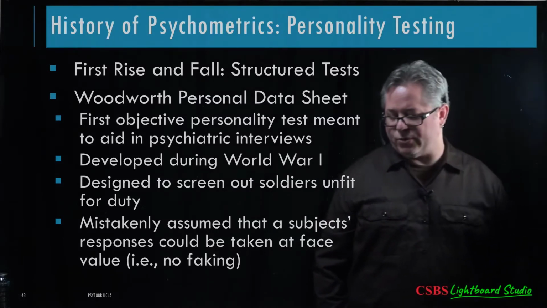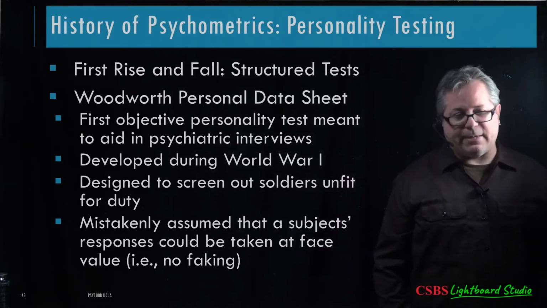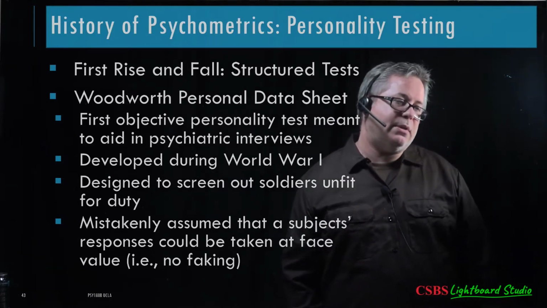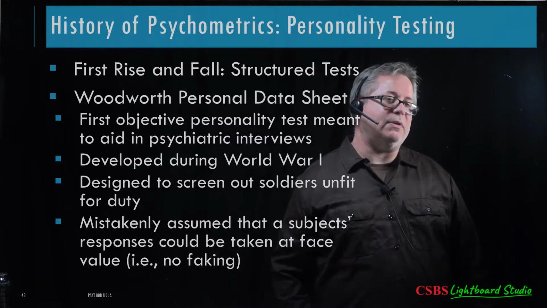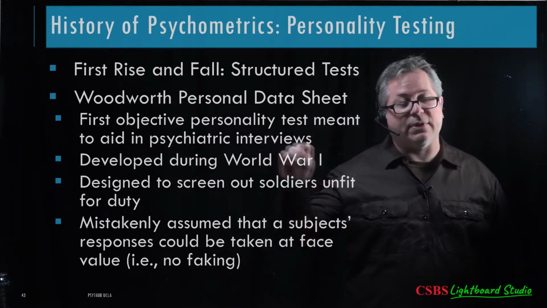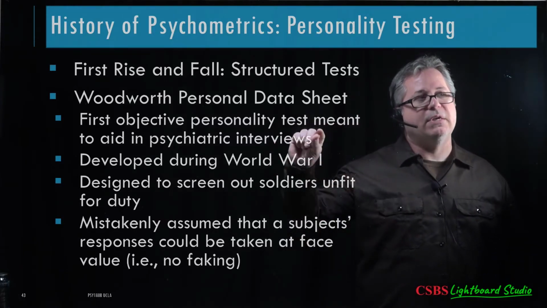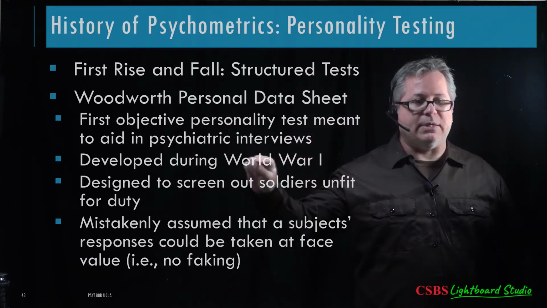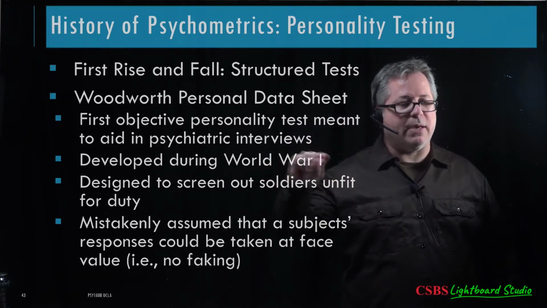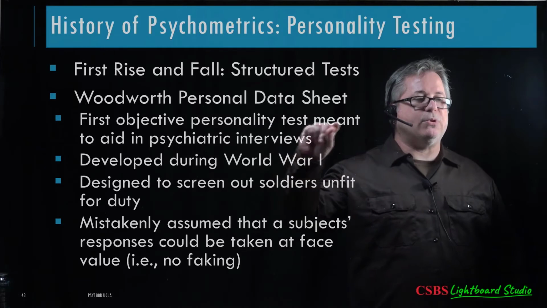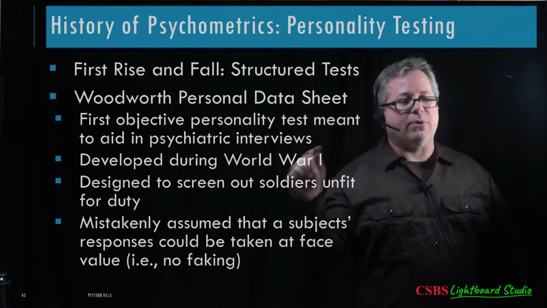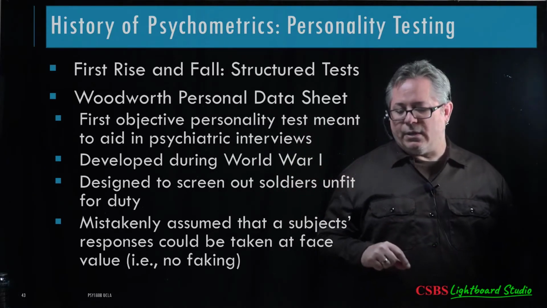Can we actually use questions to do that? So they started to develop this. Instead of just looking at skills, like intelligence that can help you place people into jobs where they'd be good or bad at things, there are also personality traits that would make people better or worse at jobs as well.